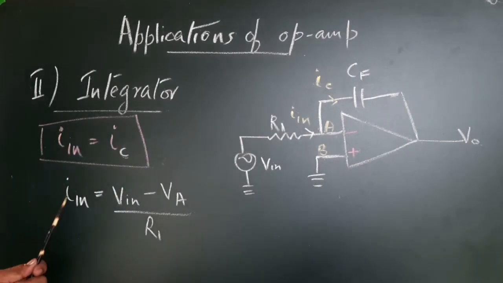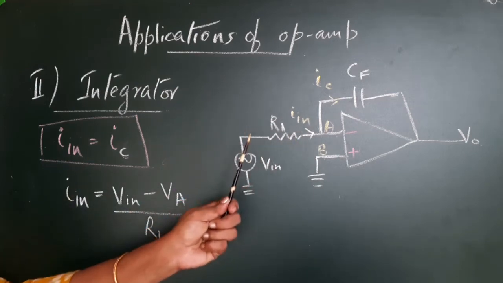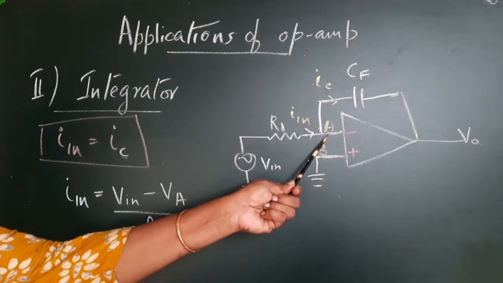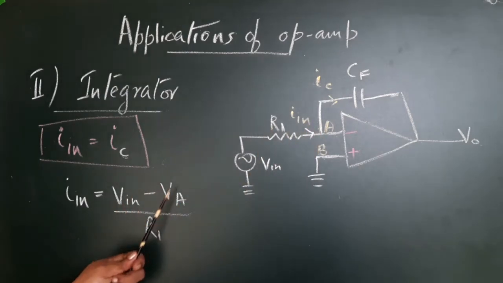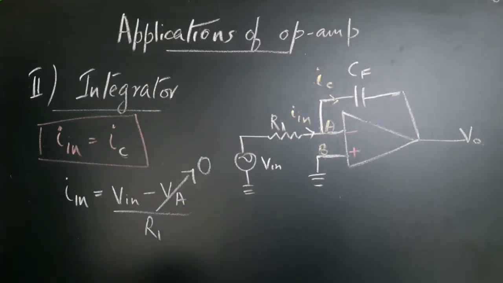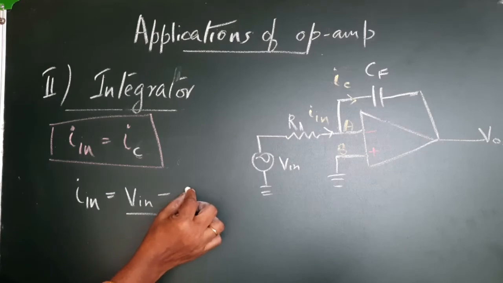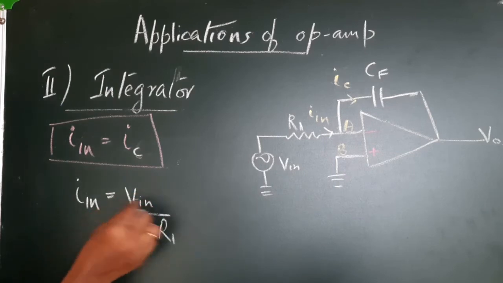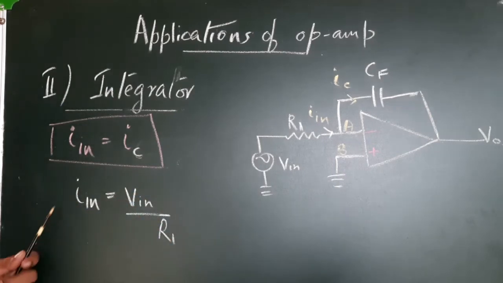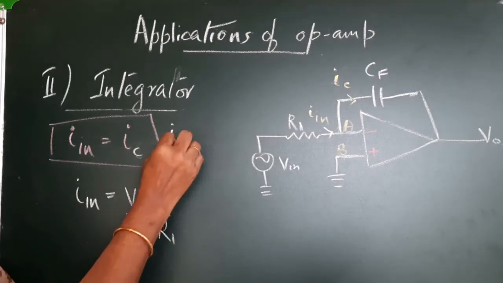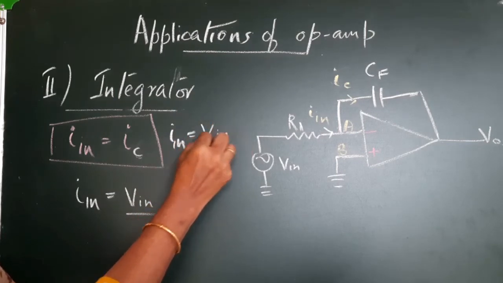In is equal to the voltage at this end, Vin minus Va, by R1. But we know that Va is equal to 0. Put Va is equal to 0. So, this equation becomes Vin by R1. So we have got the expression for In. I'll write this over here. In is equal to Vin by R.